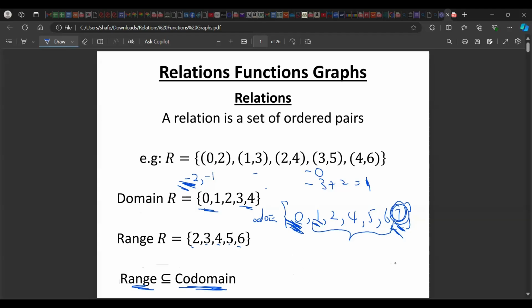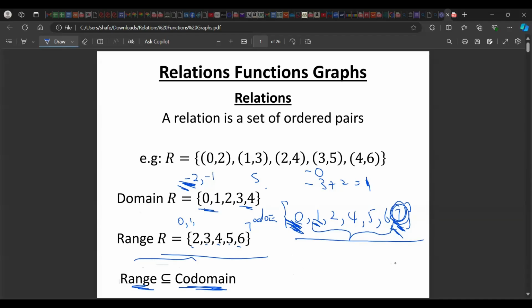Yes. And 5, if you have 5 inside here, 5 and 2 will give you the 7. So now your range is going to go from 0, 1, 2, 3, 4, 5, 6, and then 7. So in this case, your range now equals your codomain. You see?